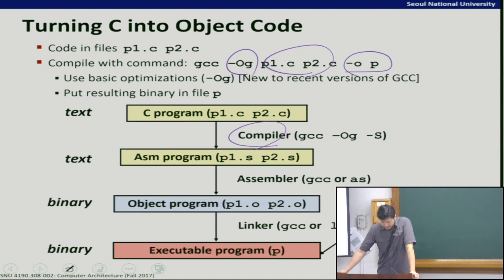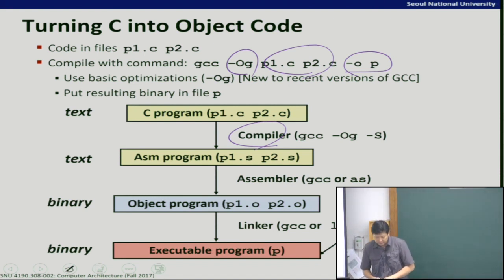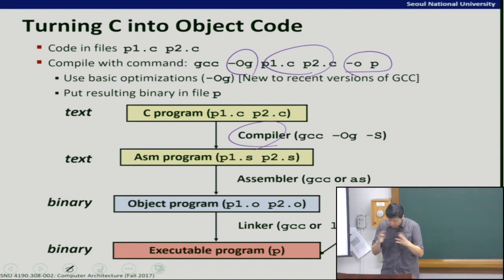Once you compile your program, it generates a .s file, which is basically assembly code. There are 2 modules of assembly programs, and then the assembler kicks in to translate this assembly code into machine code, ones and zeros. So this one is human readable, and this one is not human readable, an object program.